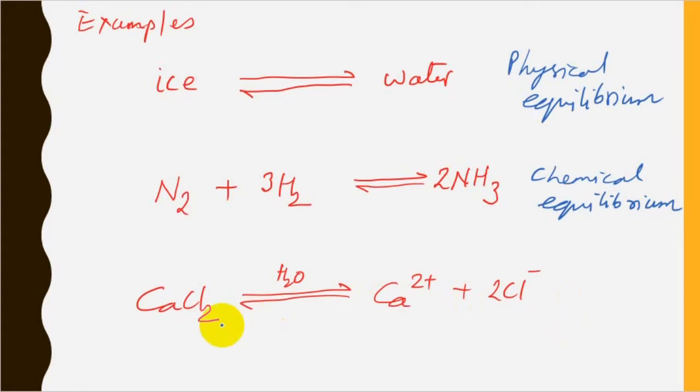Clear? CaCl2, I can make it a saturated solution. Then this will be a solid. This will be in solution, isn't it? So if this type of thing is established where ions are also involved, then we'll call it ionic equilibrium.